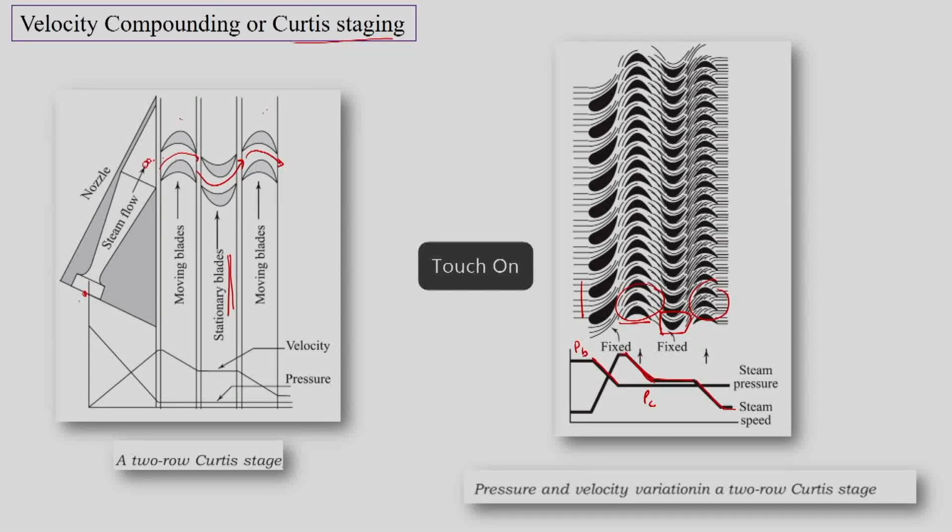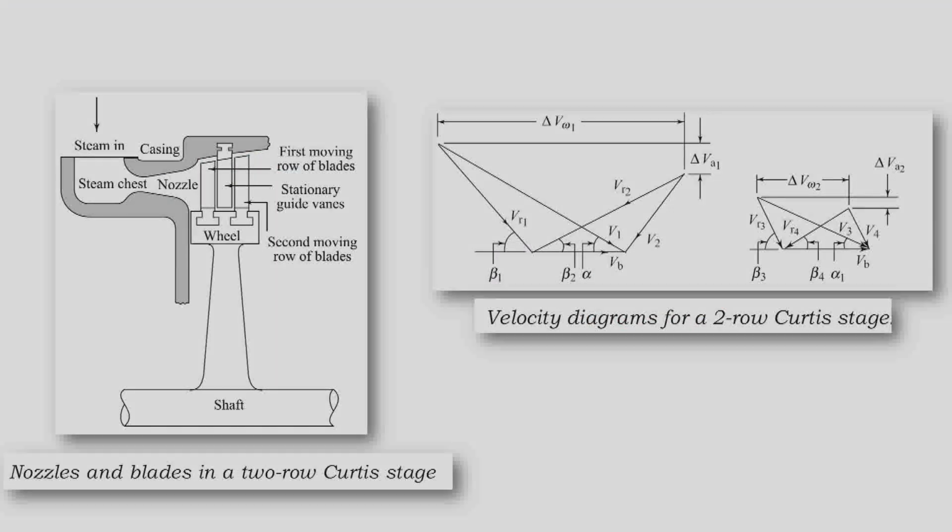So, let us see how it would proceed. As we have seen, this is a two stage Curtis turbine. We have a nozzle here, and in the nozzle we will have complete enthalpy drop and maximum velocity at the exit of the nozzle.